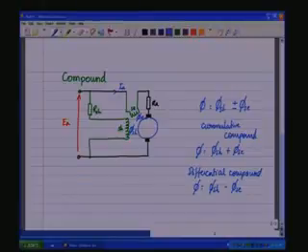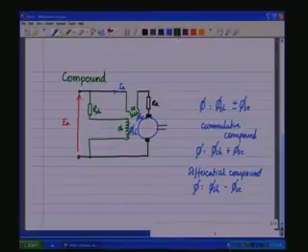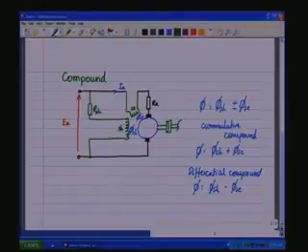So, during initial conditions, the motor will act like a shunt motor. Then gradually the motor picks up speed, and you have IA also flowing because of the load. Because of the load, we have the series field contribution also.